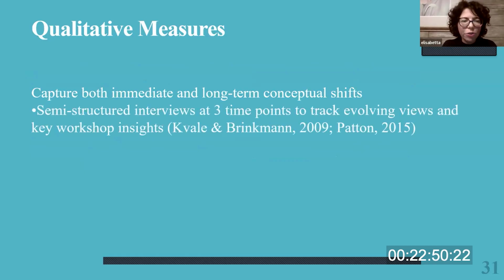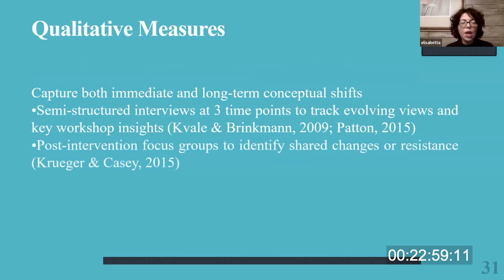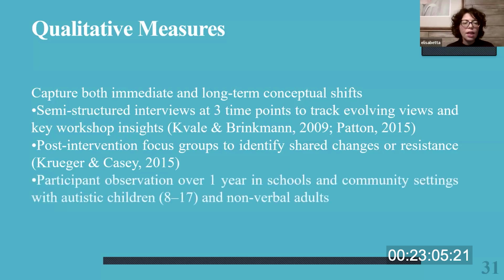So we will have semi-structured interviews at three time points to track evolving views and key workshop insights, a post-intervention focus group to identify shared changes or resistance, and participant observation over one year in schools and community settings with autistic children and non-verbal adults.